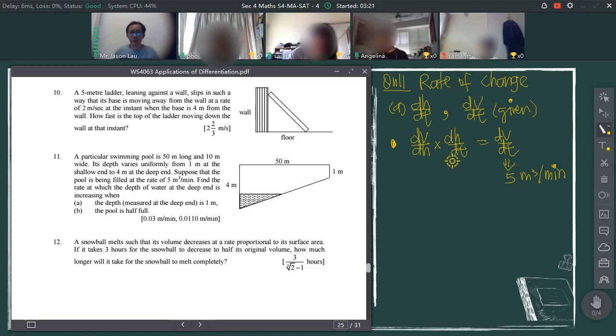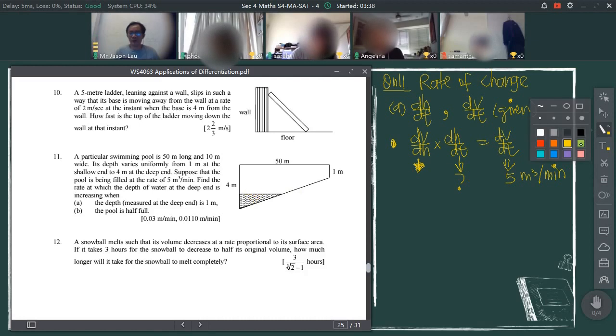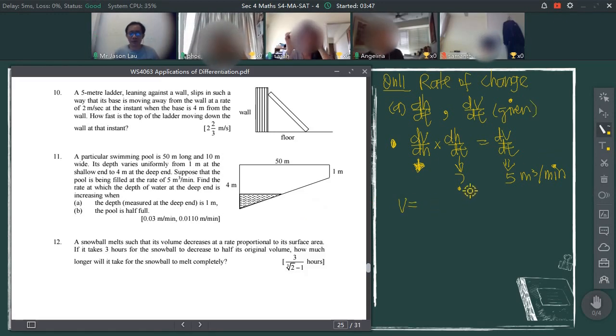Then what you need to do is to get this guy, dV/dh. To get the dV/dh, you need to know the volume. And this volume can be found with the basic formula for volume of a prism.